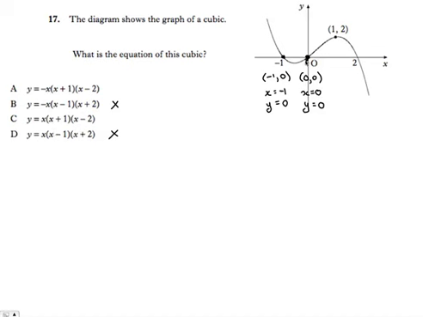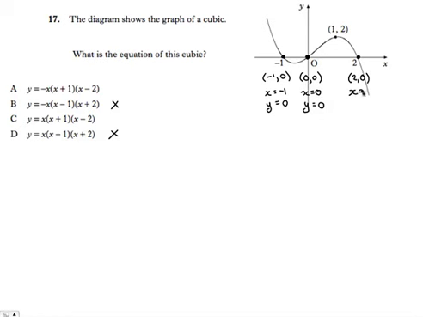So this point certainly lies on all these curves, whatever they are. So this point is not eliminating any more of these. This point certainly lies on this one and this one. So let's now go to this one. This is the point (2, 0).